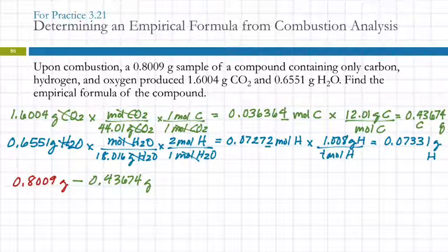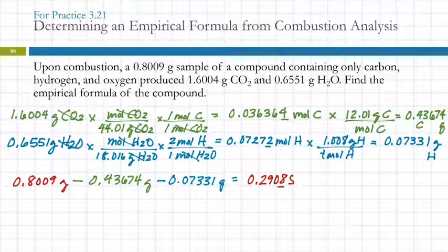And we're going to subtract the mass of the hydrogen, 0.07331. And my calculator is giving me 0.29085, and the sig figs would end right there. That is grams of oxygen.